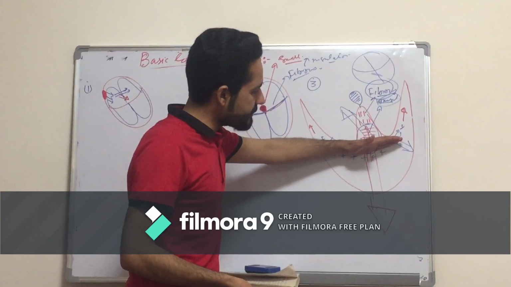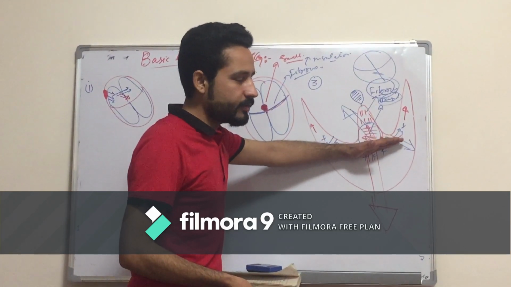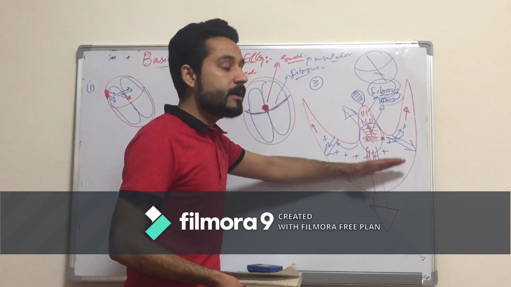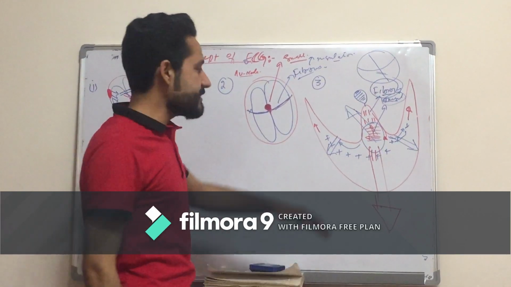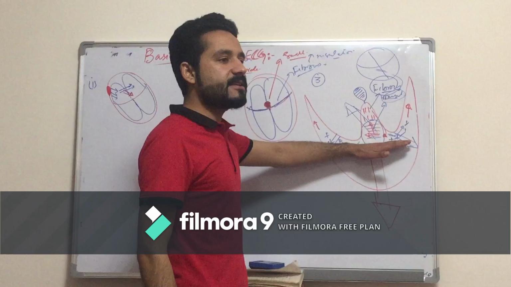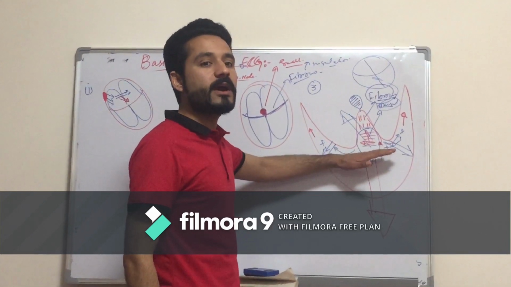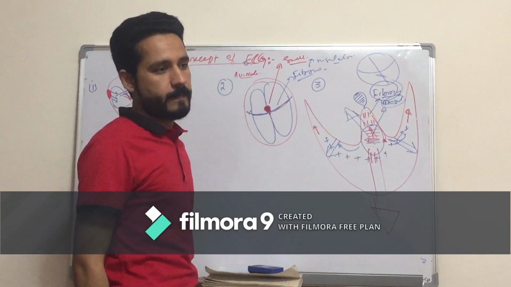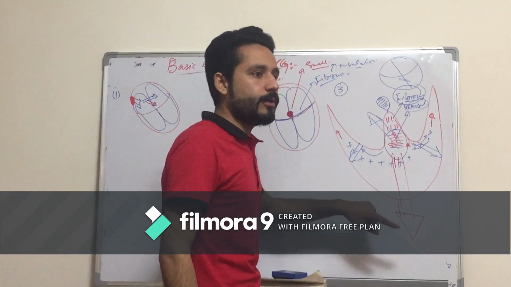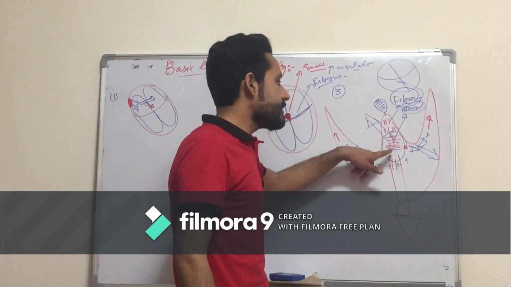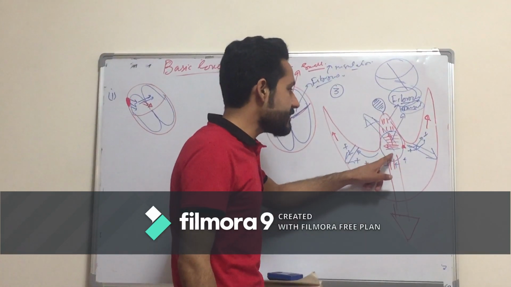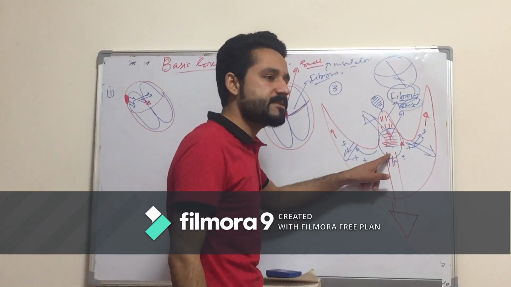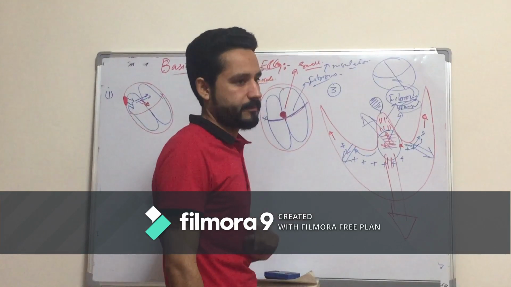We can say the depolarization will move from the endocardium into the pericardium. The cells near the endocardium are called the subendocardium myocardium.